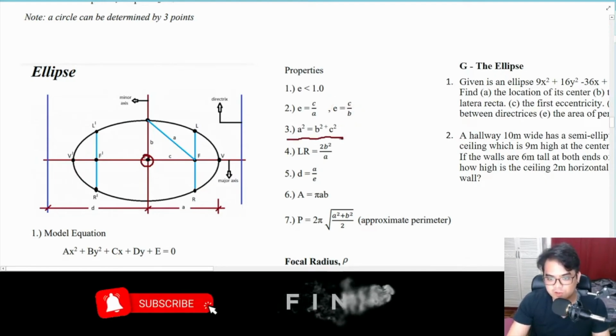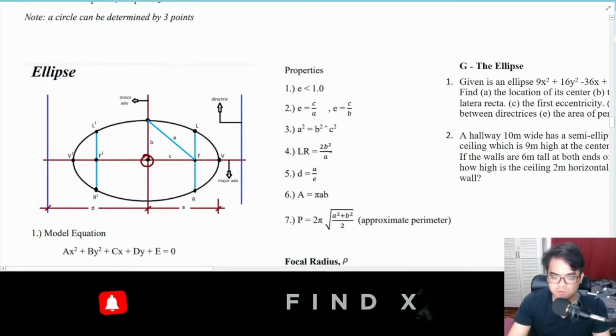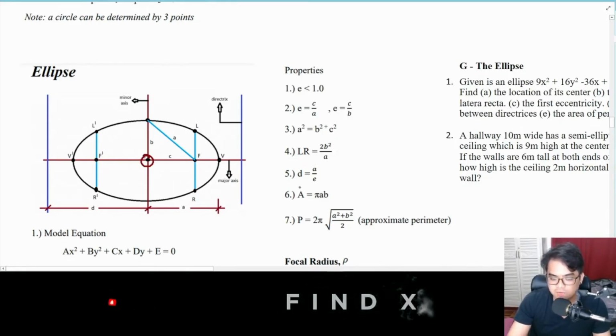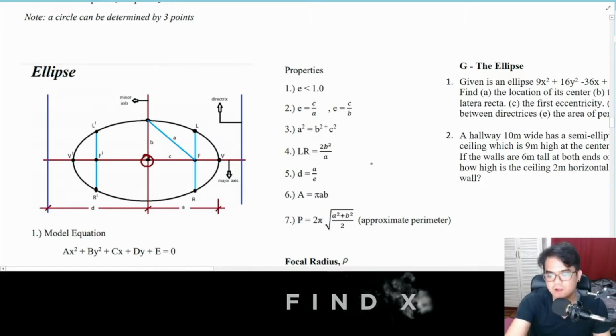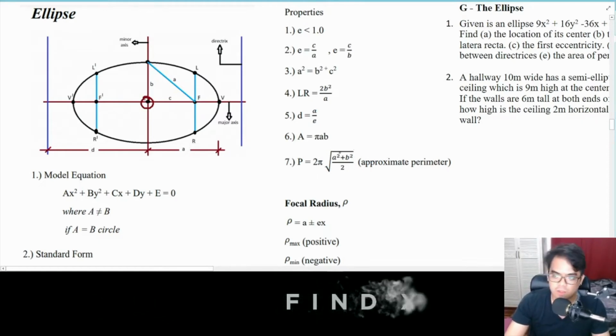And then we also have a relationship of a, b, c, which is a squared equal to b squared plus c squared. While the length of the latus rectum is 2b squared over a. The distance of the directrix to the center is a over e, and the area of an ellipse is pi a b. While the perimeter is just an approximation, the perimeter is equal to 2 pi square root of a squared plus b squared all over 2.